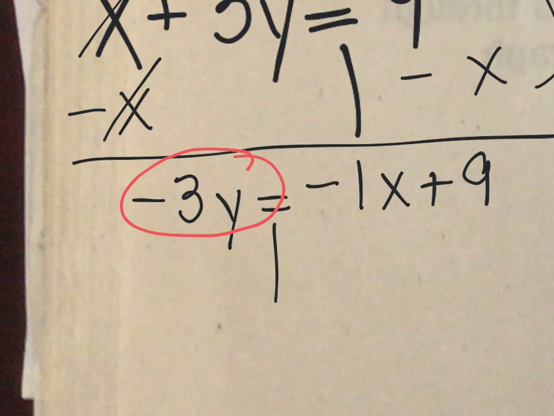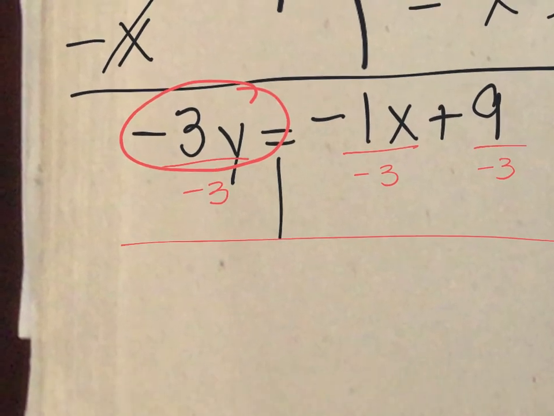They're sitting by each other, so it means they are being multiplied. How do we undo multiplication? Divide. We're going to divide both sides by negative 3. When I do this, you guys, you have to divide every single number in there by negative 3. Okay?